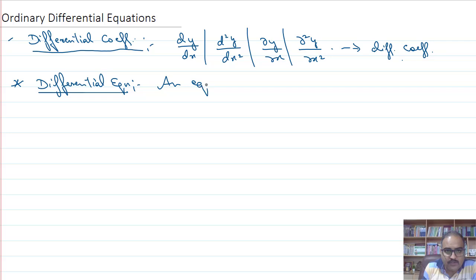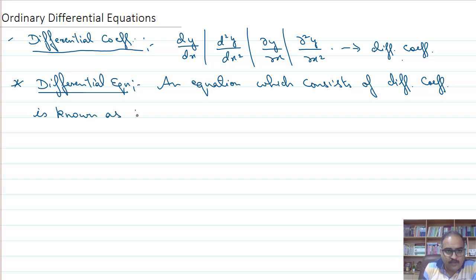Okay, so starting with the definition of a differential equation: an equation which consists of differential coefficients is known as a differential equation. For example, number 1, dy by dx plus 2y is equal to x.